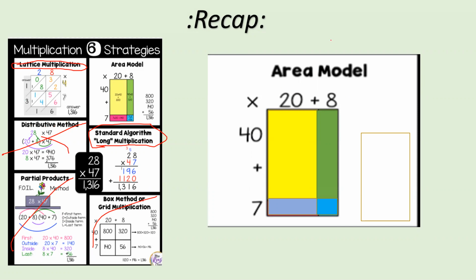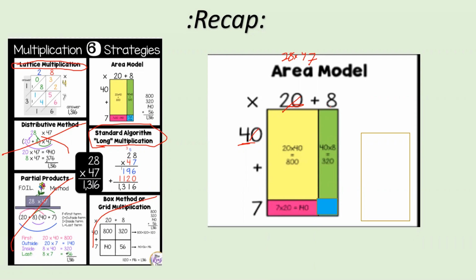This is a representation of 28 times 47. So 20 times 40, get rid of the zeros. 2 times 4 is 8. Add your zeros, it's 800. Down here, this would be 20 by 7. 2 times 7 is 14. Add your 0, and I went in the wrong order again. That would be 140.